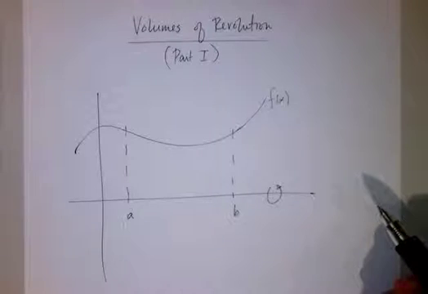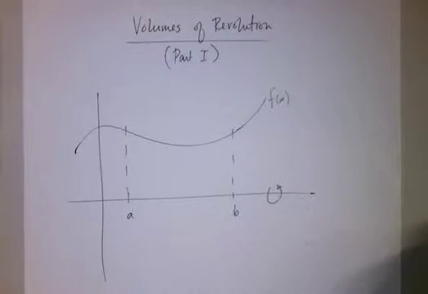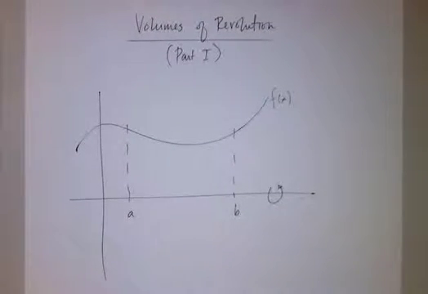Now remember when I told you that integration is not the area under the curve. The area under the curve just happens to be the first application that you actually learn about in terms of integration. But integration is a means of accumulation, okay? And all you have to do is figure out how to cross-section it.